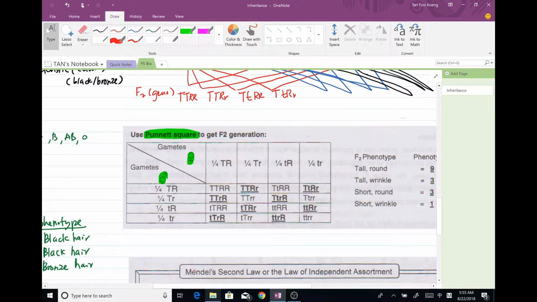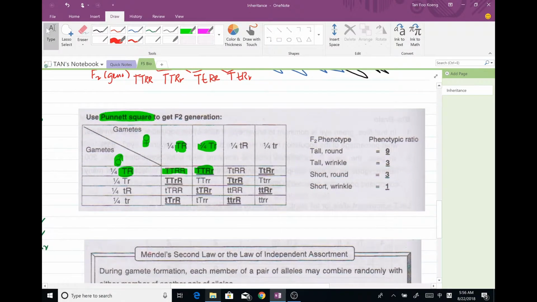During random fertilization, the gamete from the male plant can fertilize with another gamete from the female plant, giving rise to this F2 generation. It has also the same chance for this gamete to fuse with this gamete, giving rise to this F2 generation. When you complete the table, you will get all the 16 possible combinations.